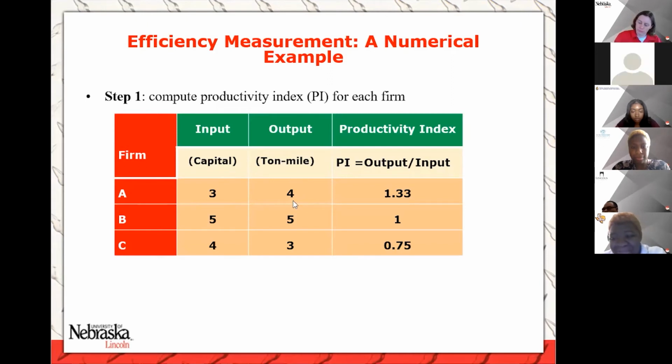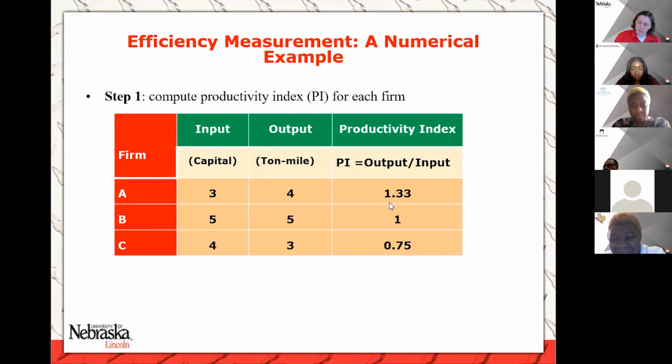Okay, so if you divide 4 by 3, you get 1.33. Similarly, for firm B, its productivity index is equal to 1. All you have to do is divide output by input, 5 divided by 5, 1, right? Then finally, for firm C, you divide 3 by 4 and you obtain 0.75. So that was step 1. You have to compute the productivity index for each firm.